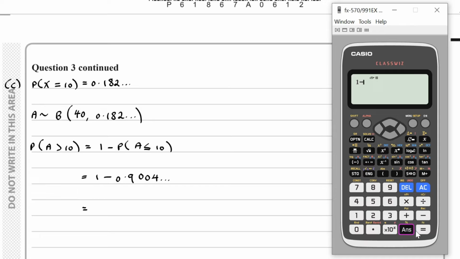So we have 1 minus this, which is 0.0995, etc. Okay, so let's just summarize what we've done over here.